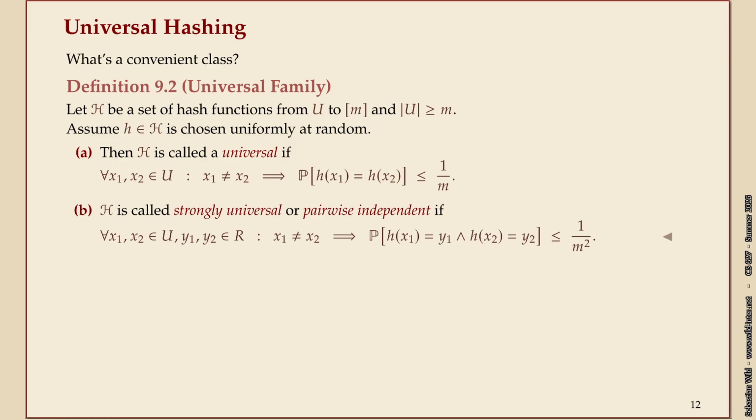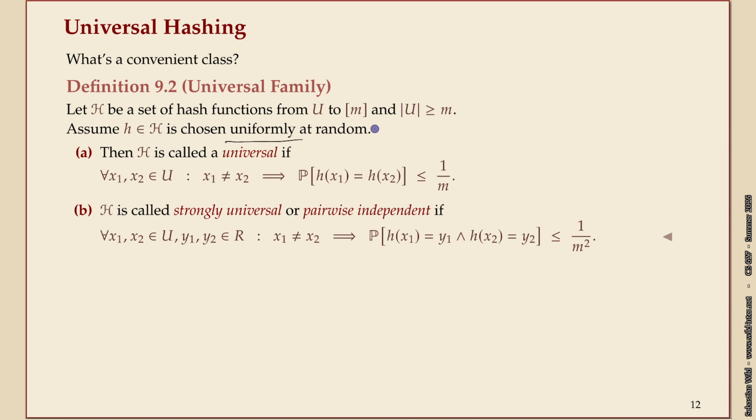It is a universal family of hash functions. So same setup as before, we have hash functions mapping to the fingerprint universe, 0 up to m. And we choose always uniformly at random from our class. That's important for the probabilities.